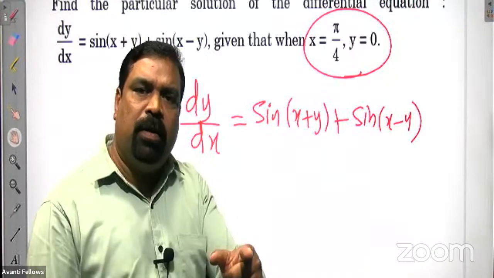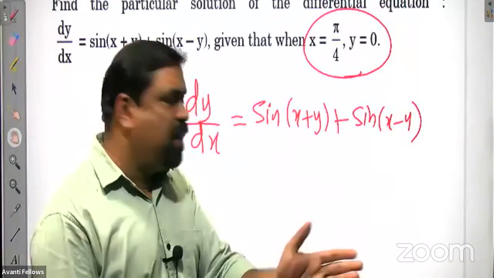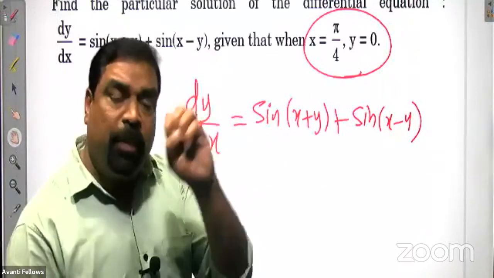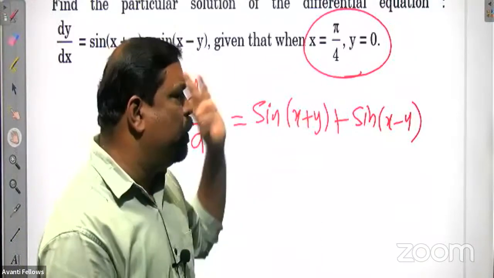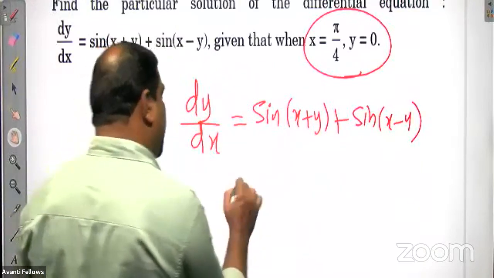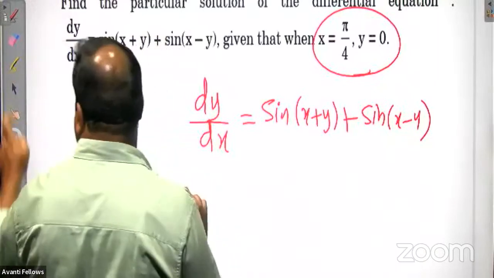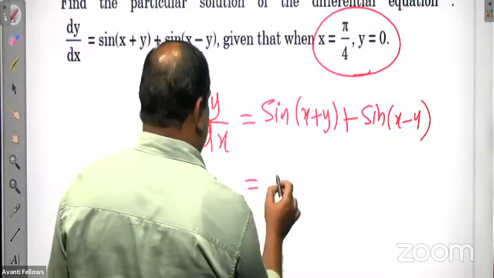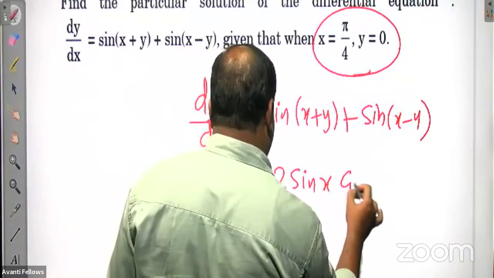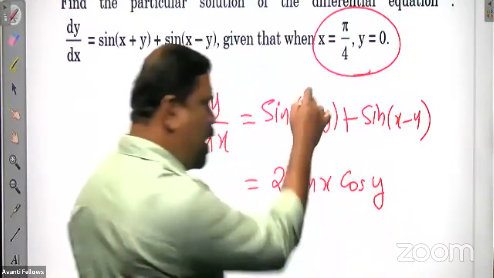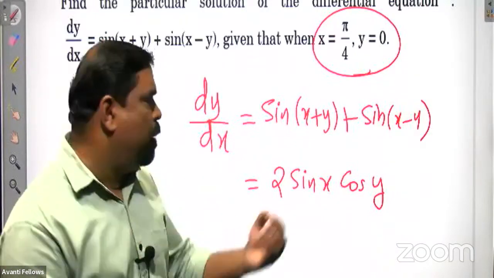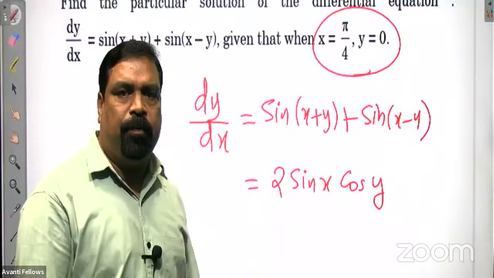Remember, sin a plus b plus sin a minus b equal to 2 sin a cos b. If you remember that identity, immediately without any substitution you can write it. So this is nothing but 2 sin x into cos y.